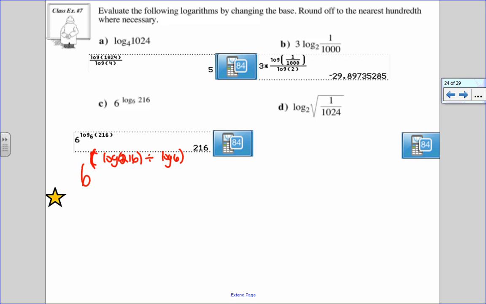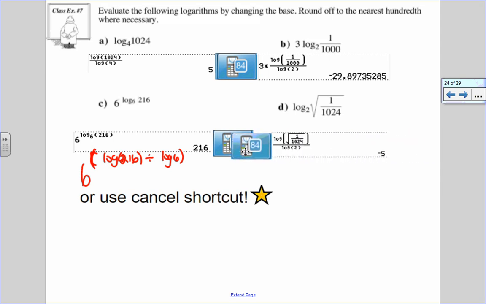Now, this looks like that law that we looked at. If we have a base of 6 and a log has a base of 6, isn't that the matching law? Because this base and the base of the log are the same, so they could just cancel to be 216. So we could use that canceling shortcut as well. Okay, for this one, log base 2 of the root of 1 over 1024.